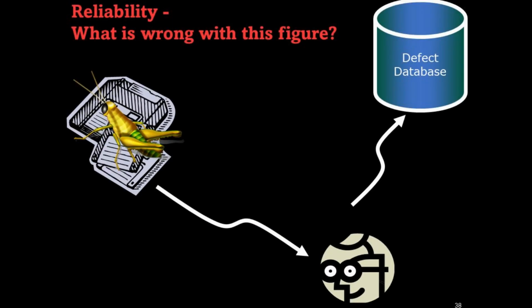Let's take another example. What's wrong with this figure? At first glance, it's clear the defect is identified. A bug, represented here by the grasshopper, enters the system. However, the issue lies in how this information flows. The defect information is processed by a human who manually inputs the necessary details into the defect reporting database. This manual process is tedious and prone to errors.